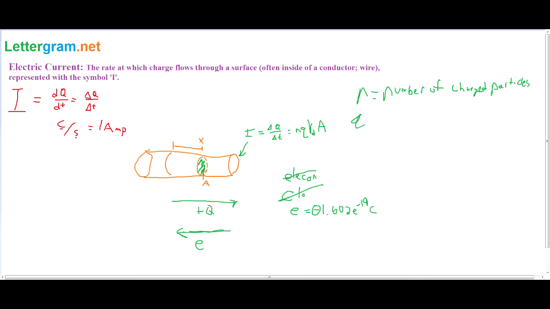And Q is equal to the charge of the particles.